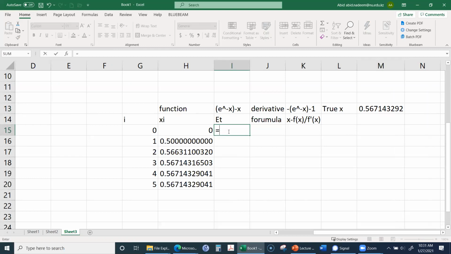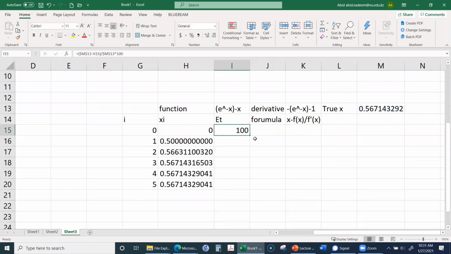From here I can take the true value, which I will not change. Then I put F4 minus the calculated value, divided by the true value, again not changing it, and times 100. The true percentage error for the first trial is 100.